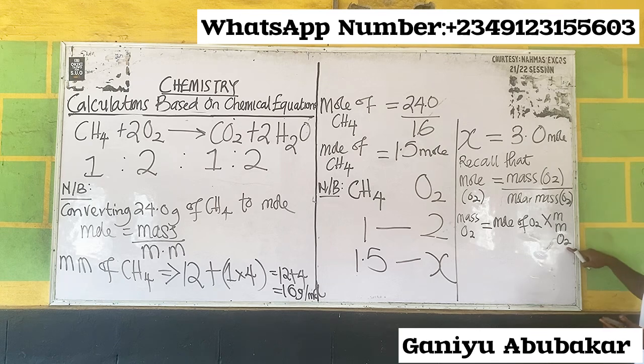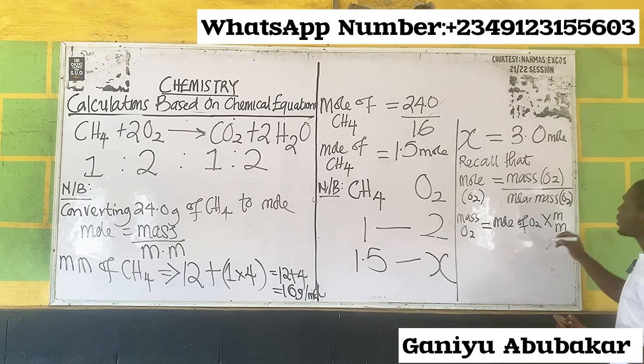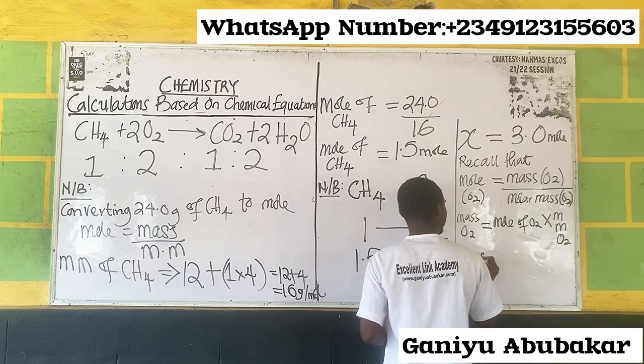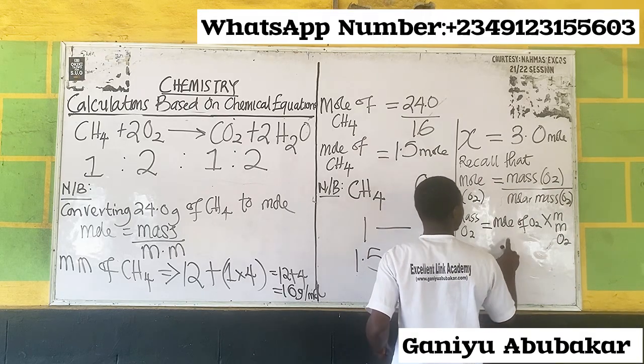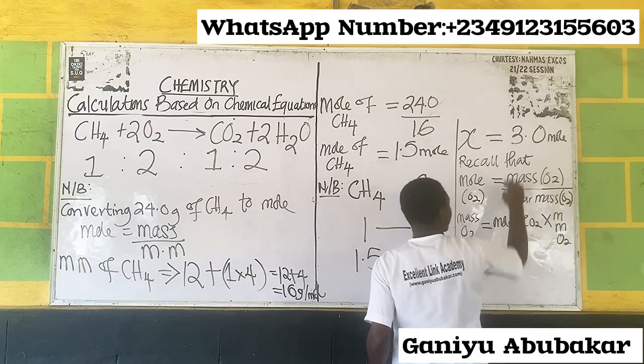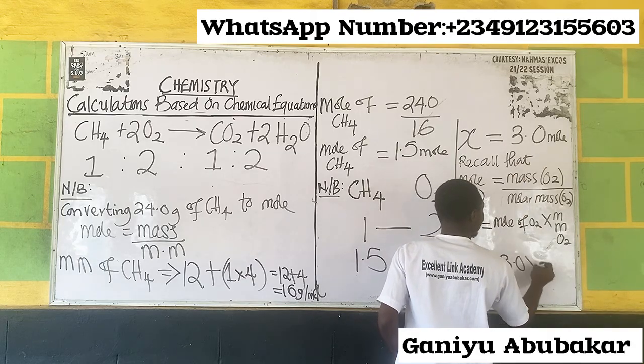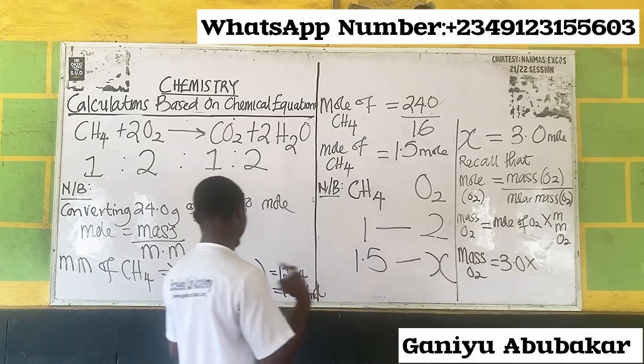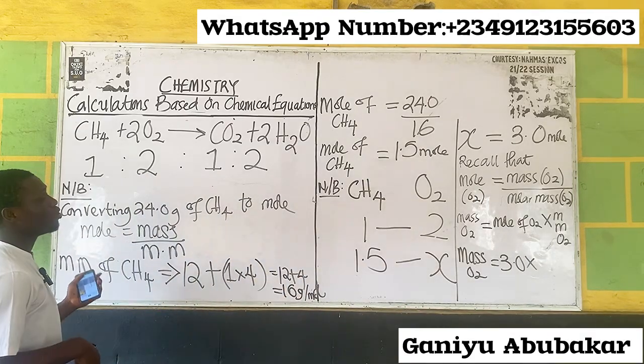Molar mass of oxygen. We already calculated the molar mass. So the mass of oxygen will be equal to the molar mass of oxygen times 3.0 moles of oxygen. We did it earlier; check your book.